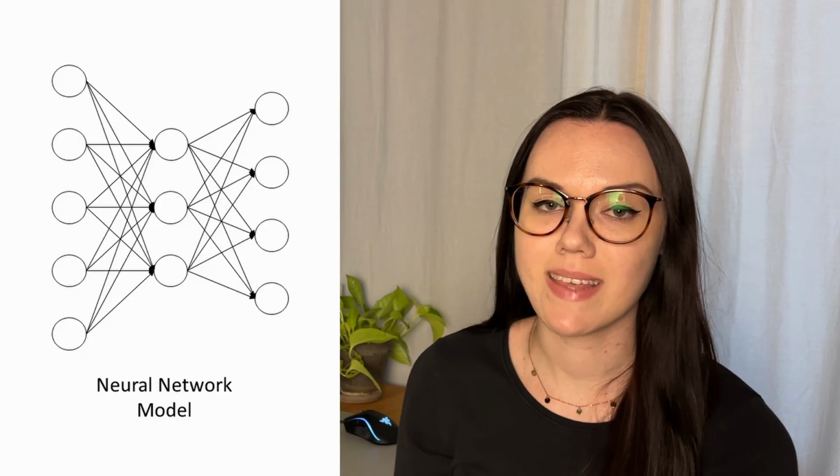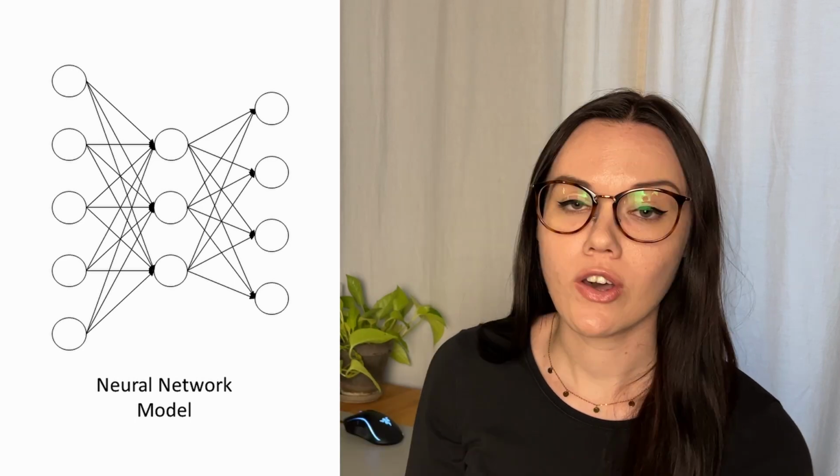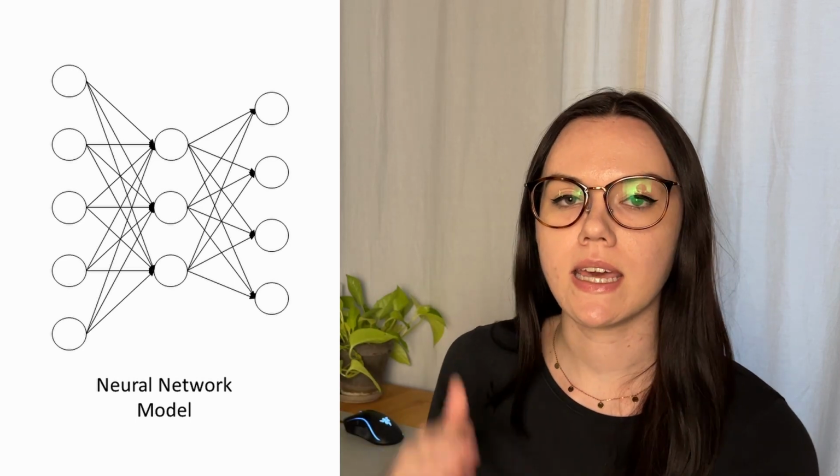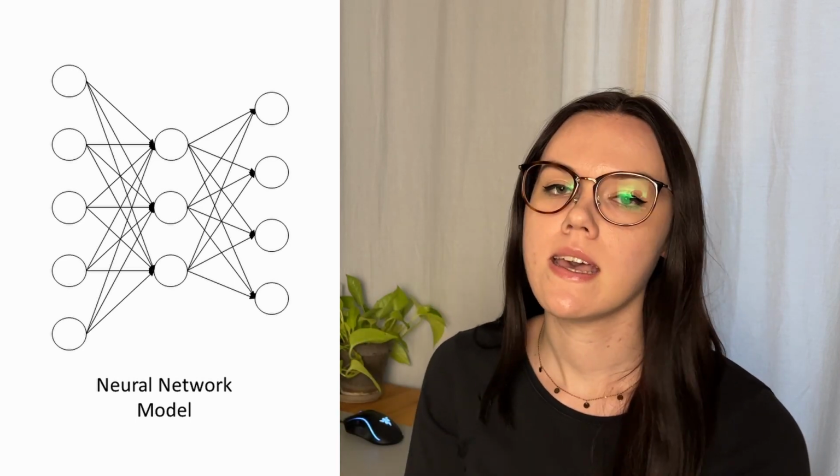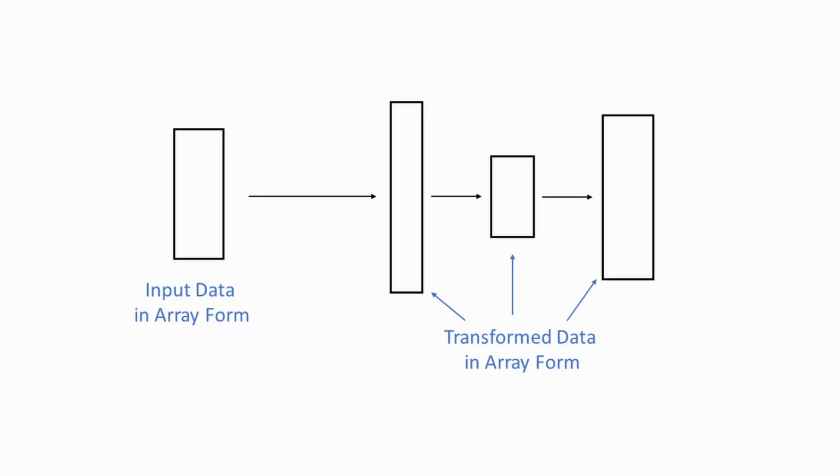For example, in deep learning, we have a neural network that might look something like this. On the left side, you put in your input data and then it goes through the various stages until it comes out at the end. But really, if you look at what happens behind the scenes, it kind of looks more like this in each stage. You put in the data in an array form or as a table of data, and then at each layer it gets transformed.